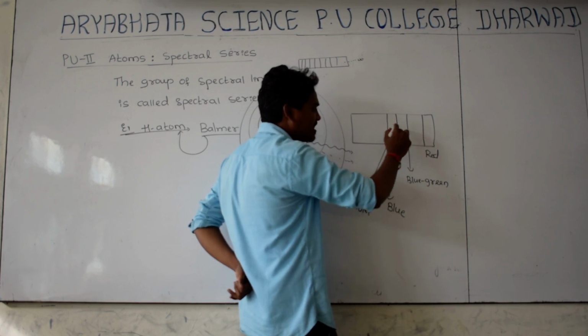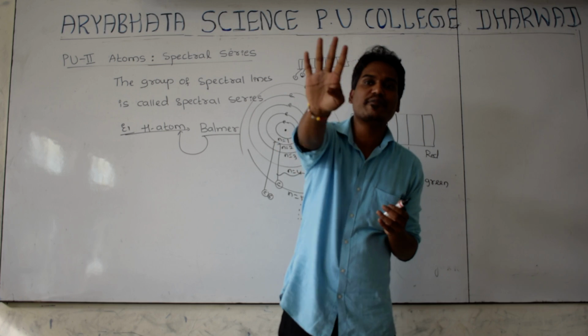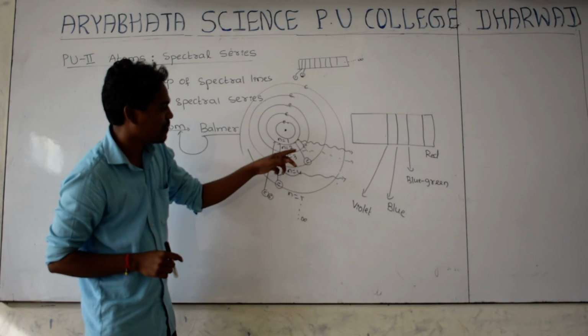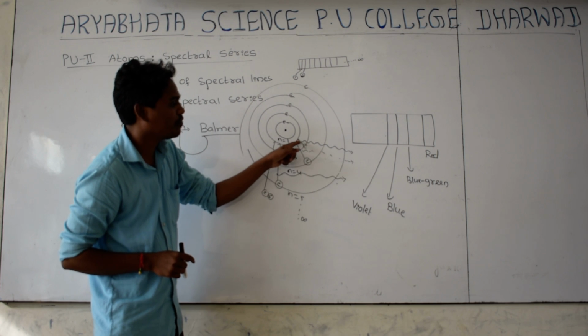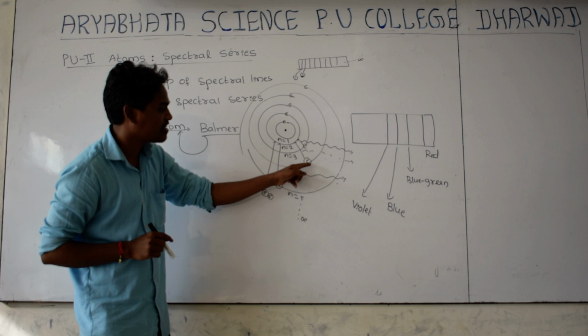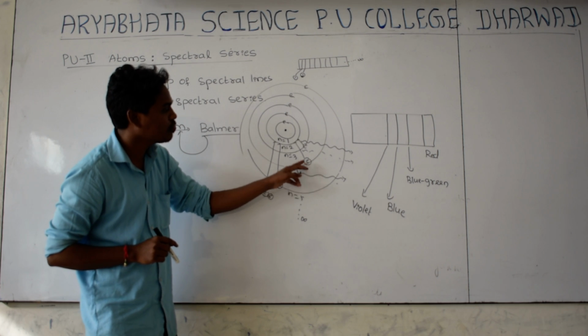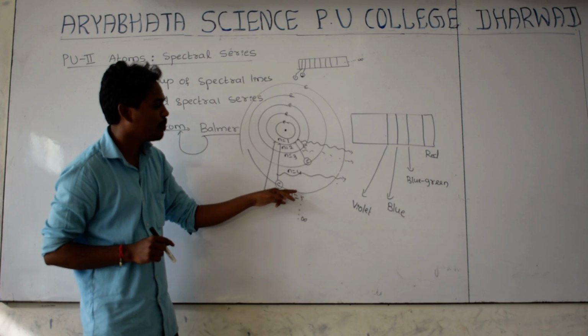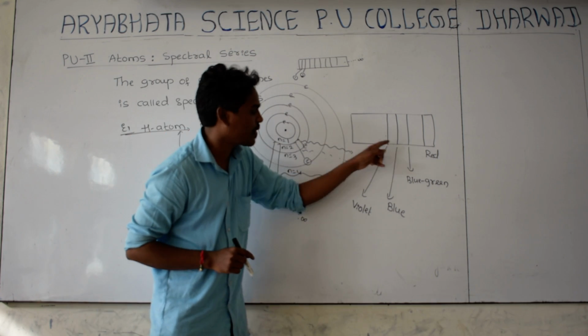So many lines are there, but he considered only 4 lines. What are those 4 lines? Whenever the electron jumps from third to second, one spectral line he got. Fourth to second, that is a spectral line. Fifth to second, that is a spectral line.